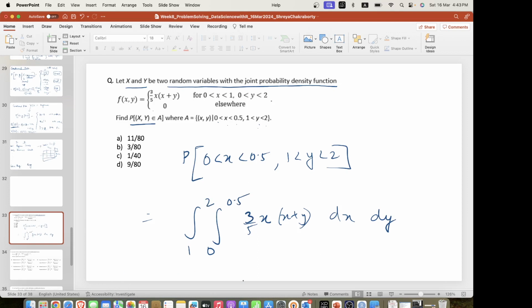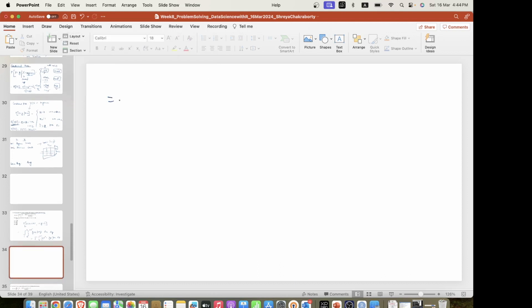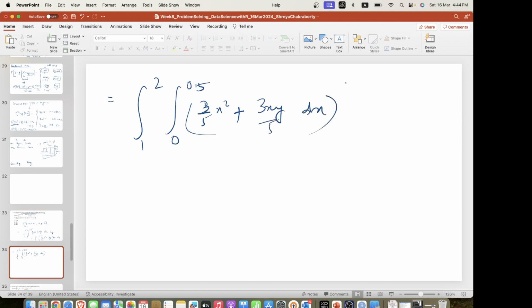Alright, so if we solve this, this is 1 to 2, 0 to 0.5, 3 by 5 x square plus 3xy by 5 dx dy. So we can do this in this manner.